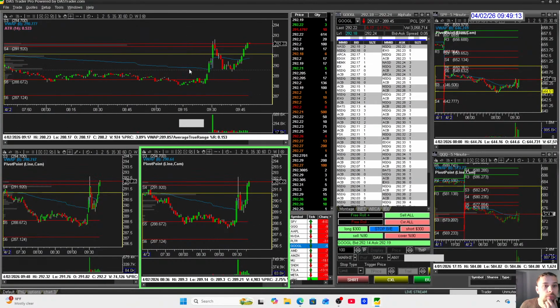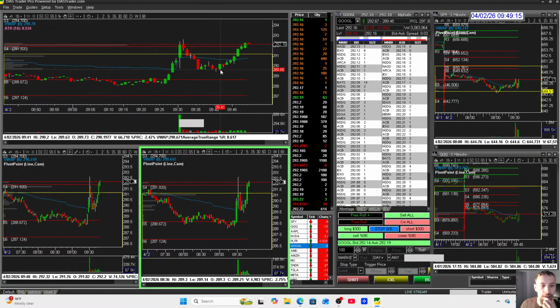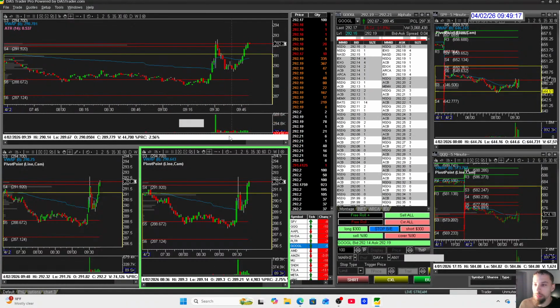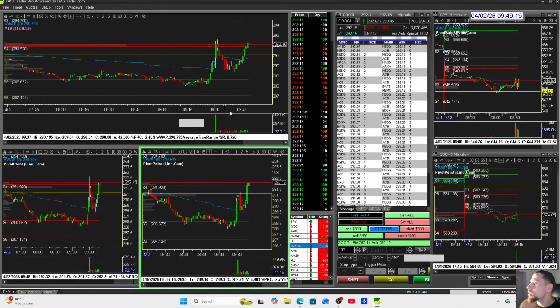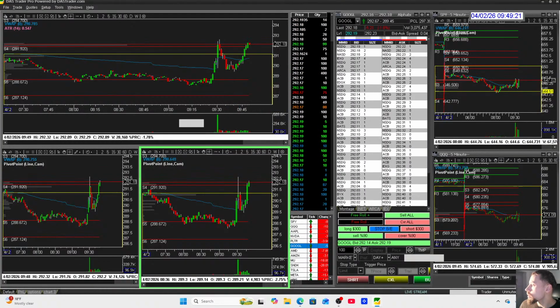Google double top action right now. Volume's very average. It's not really of interest.